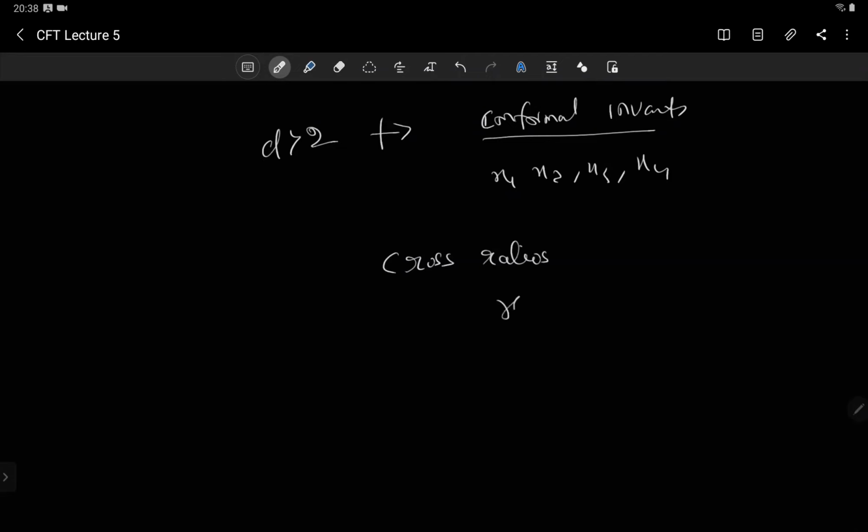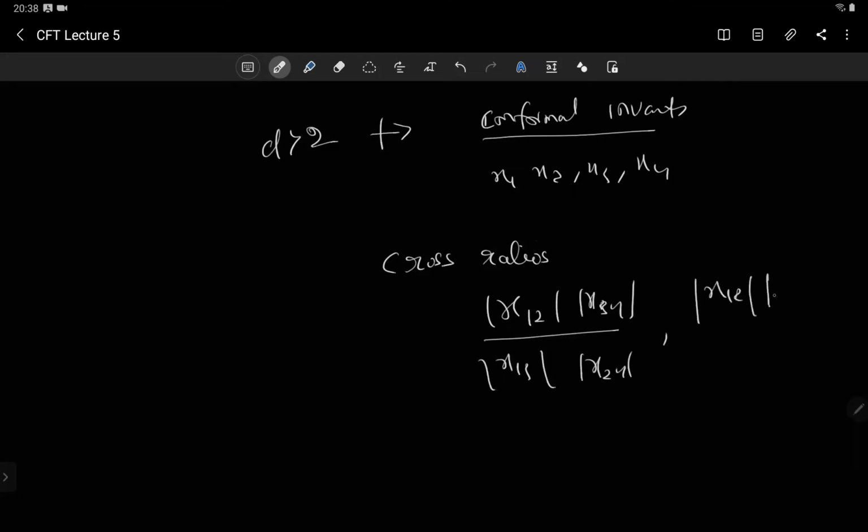You can form a cross ratio |x12||x34| over |x13||x24|, and another independent cross ratio |x12||x34| divided by |x14||x23|. I called these U and V. These are the invariants under conformal transformations.